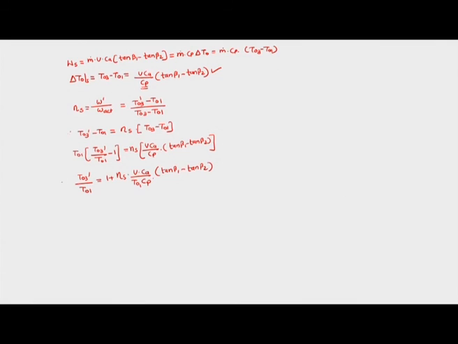But this side is the isentropic temperature ratio. So this is equal to P naught 3 upon P naught 1 raised to gamma minus 1 upon gamma, which is equal to 1 plus stage efficiency into U Ca divided by T naught 1 Cp into tan beta 1 minus tan beta 2.